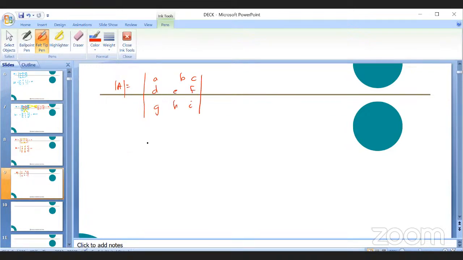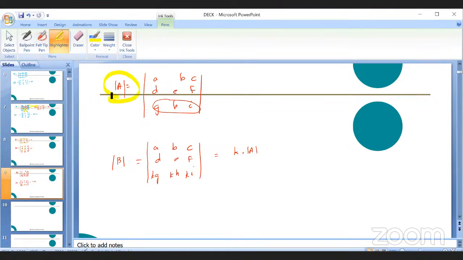In this determinant, I will take the third row, GHI, and multiply it by k, whereas I keep ABC and DEF the same. Then I get a new determinant B. Its value will be k times the determinant of A. You get the same answer, but you multiply it by k.